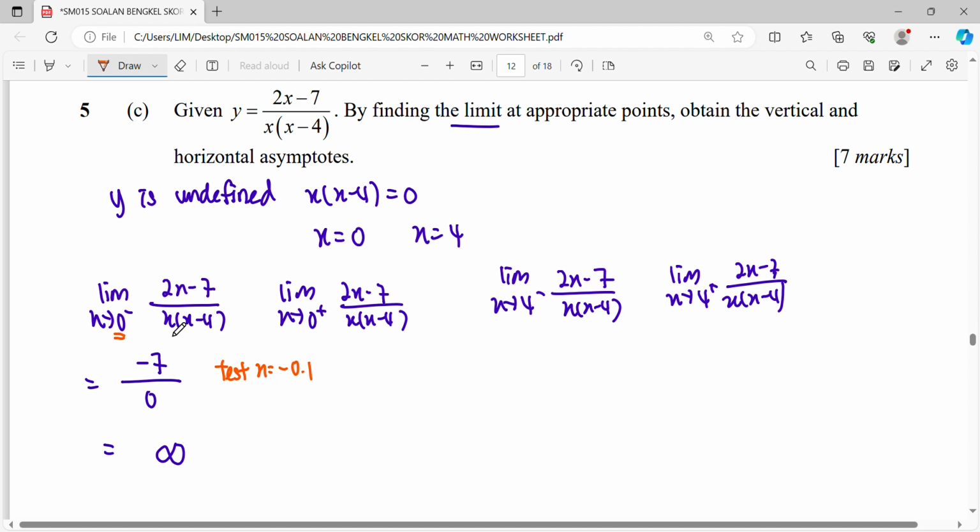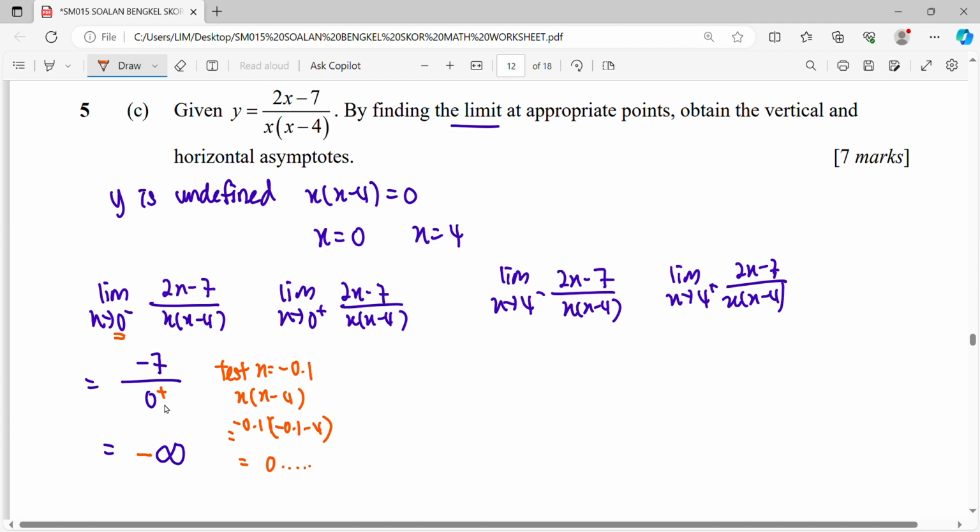Put into x minus 4 means negative 0.1 minus 4, so you get 0 point something something. So the limit of this denominator approaches 0 positively. Conclusion: negative over positive, negative. So this is how we calculate.